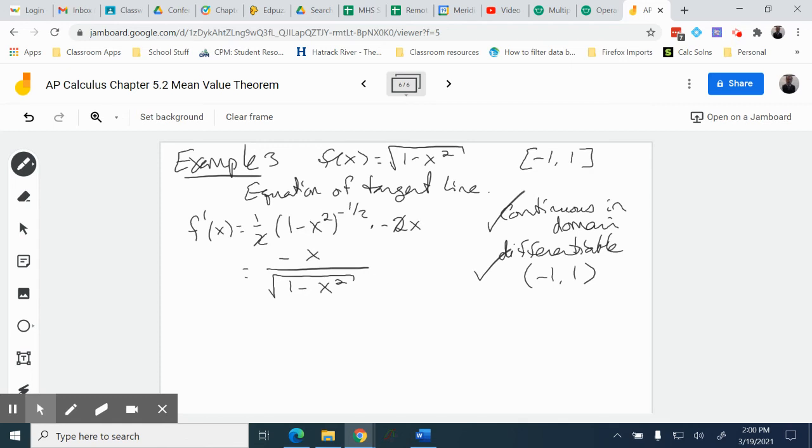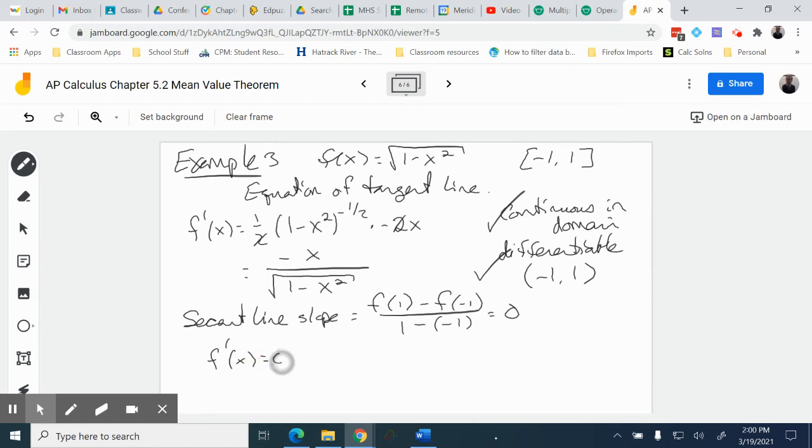And so now here's what we need. We need to know what the secant line slope is. And that will be equal to f of 1 minus f of -1 divided by 1 minus -1, and that's equal to 0. So we're looking for f prime of x equal to 0, and we get that x must be equal to 0. We're just doing that by inspection, since the numerator has to be equal to 0 to make this true.